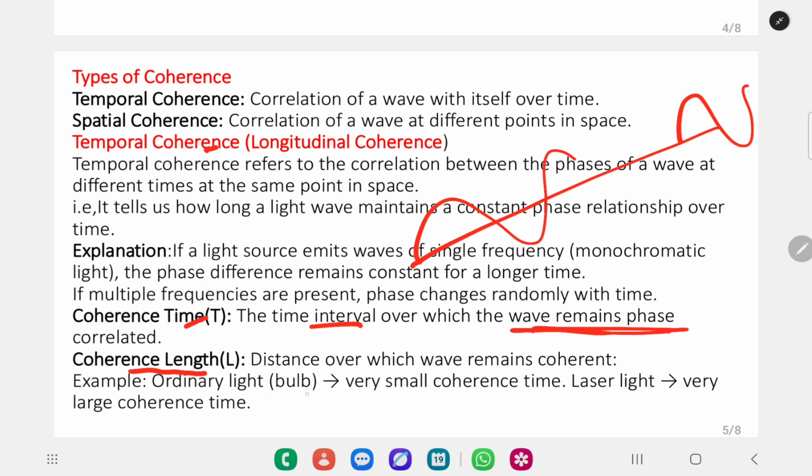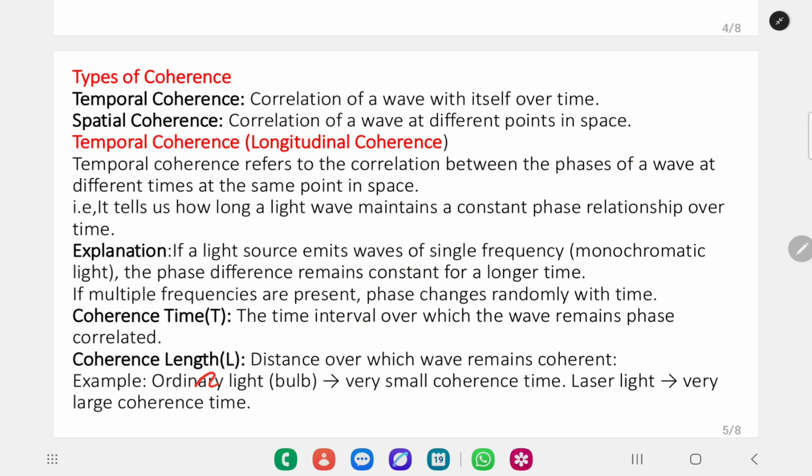Now what is coherence length? It is the distance over which the wave remains coherent. How much distance the two waves stay coherent, that distance is called coherence length. The time interval over which the waves remain correlated is called coherence time. Now for example, we can take an ordinary bulb and a laser light.